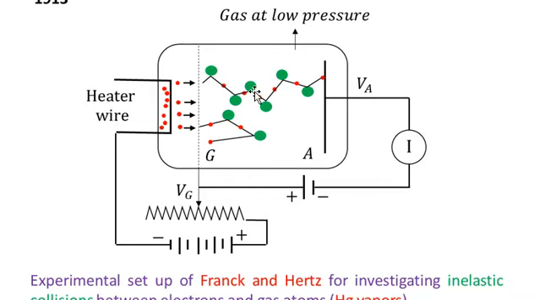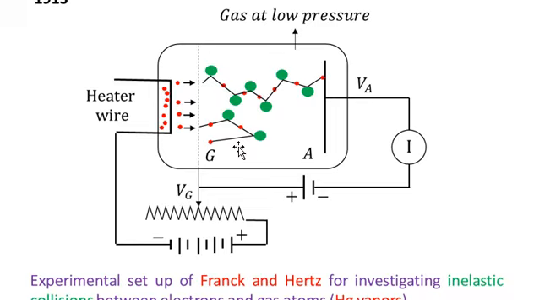Each time a level is excited in the mercury atoms, it means that the electrons have given up their kinetic energies to those mercury atoms in terms of excitation, and due to inelastic collision the electrons are left with a very small amount of energy.